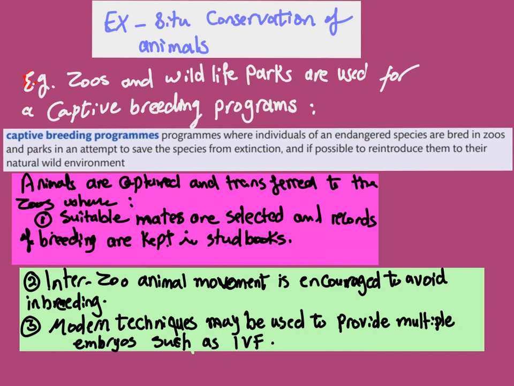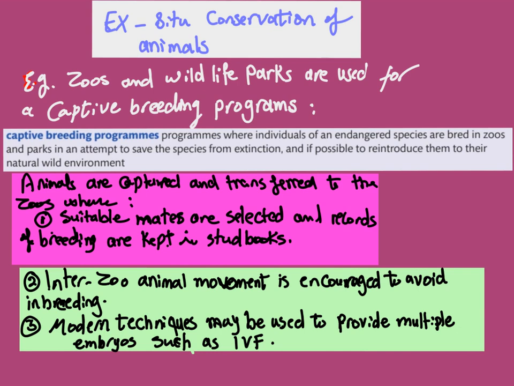So animals are captured and transferred to the zoo, and then inside the zoo they will have suitable mates, and records of breeding are kept in stud books, so we can have records of their successful breeding. 2, inter-zoo animal movement is encouraged to avoid inbreeding.